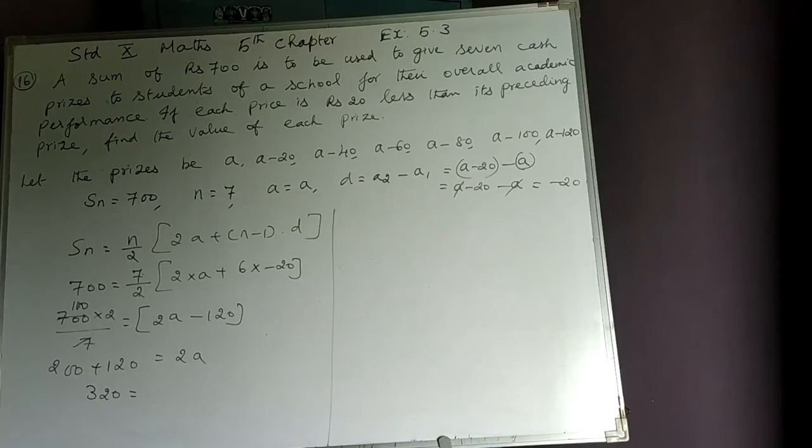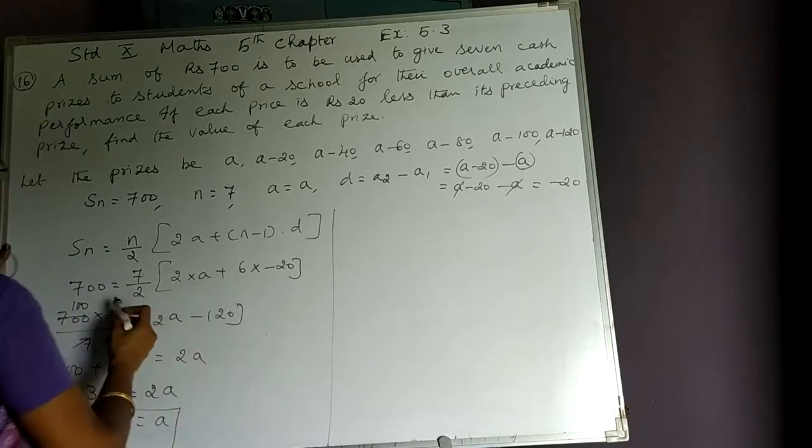320 is equal to 2a. a is equal to 320 divided by 2. What is a? a is equal to 160.